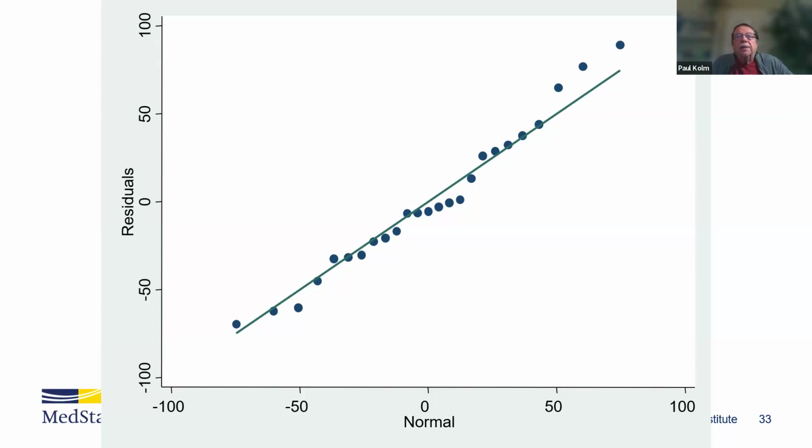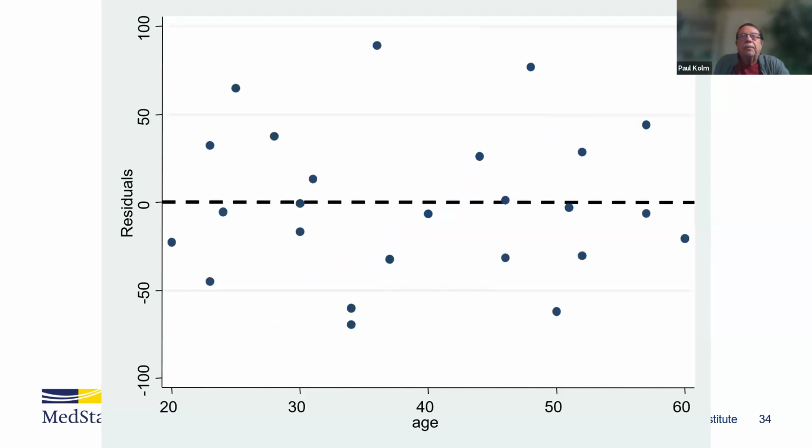In this case, I mean, there's always going to be some deviation, but here we would have a pretty good fit of our regression because the residuals meet the criteria of the 0 mean and normally distributed.